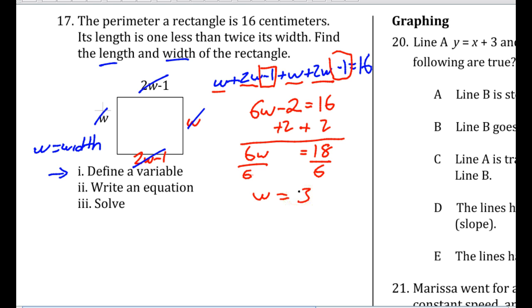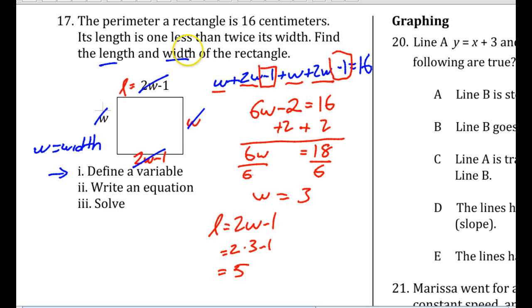Now, they want us to find the length and the width. We only found the width. So we know the length, though, right here, is 2W minus 1. So our length will equal 2W minus 1. W is 3, so 2 times 3 minus 1, which equals 5. And now check to make sure, does that make sense?